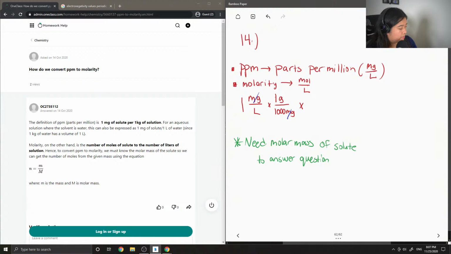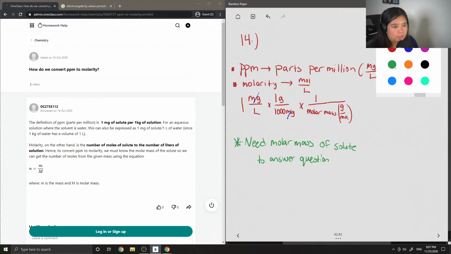So I'm going to multiply this again by the reciprocal of molar mass. The reason why it's 1 over molar mass is because the units for molar mass are grams per mole. So if we put this in the denominator, we can cancel out our grams and bring our moles up as the numerator.